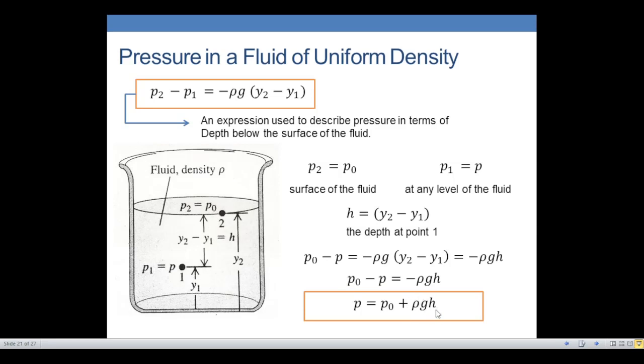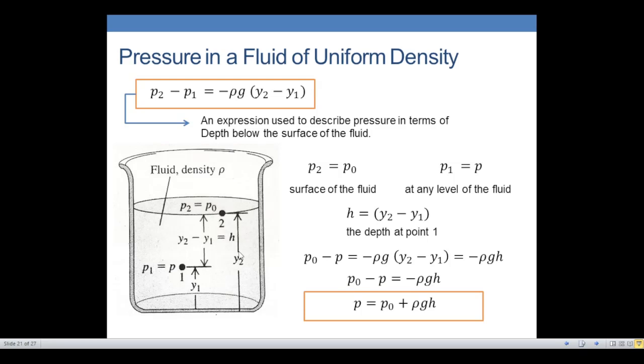Okay? Weight force. Because we understand that at a particular column inside the liquid, we can get the weight of the fluid by looking at its density, the height or the elevation where we are measuring, and of course the gravity, which is 9.8 meter per second squared.